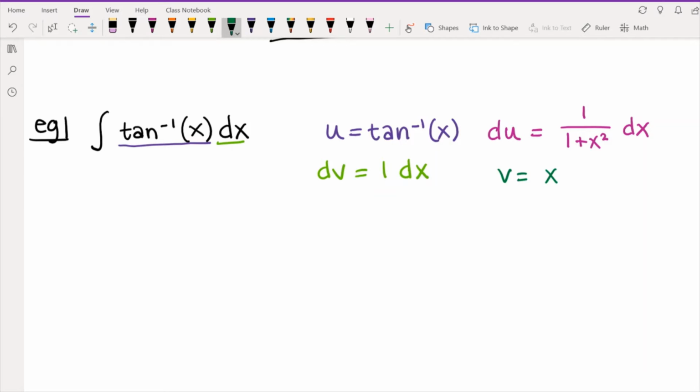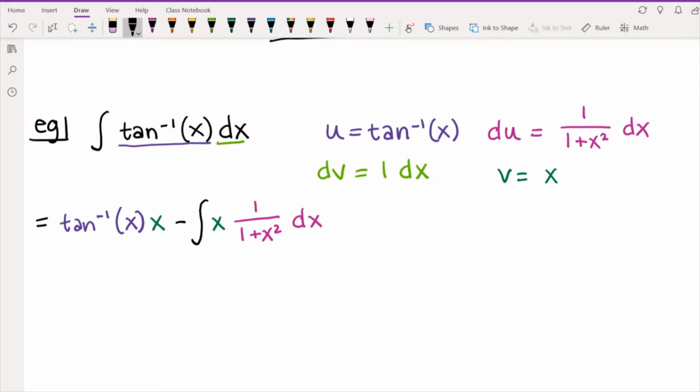Okay, so let's put these pieces together. For the first part, we have u times v, so that's inverse tangent of x times x. And from that, we're going to subtract the integral of v, so that's x, times du, which was 1 over 1 plus x squared dx.